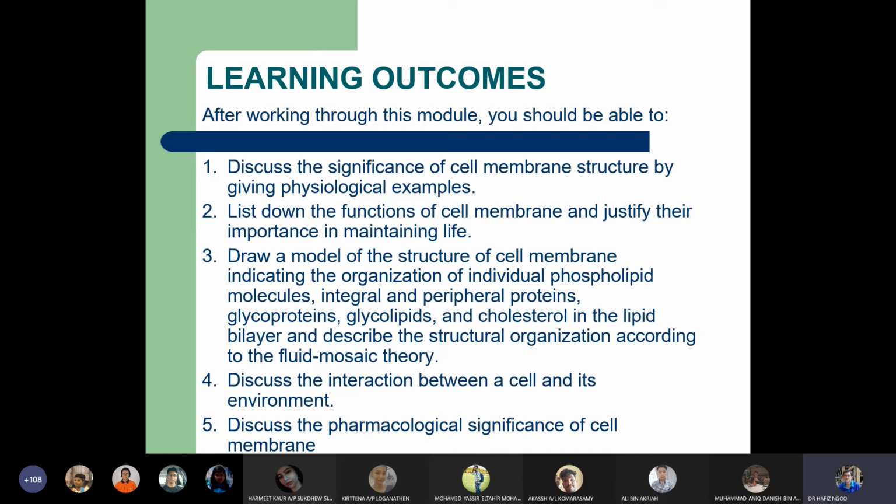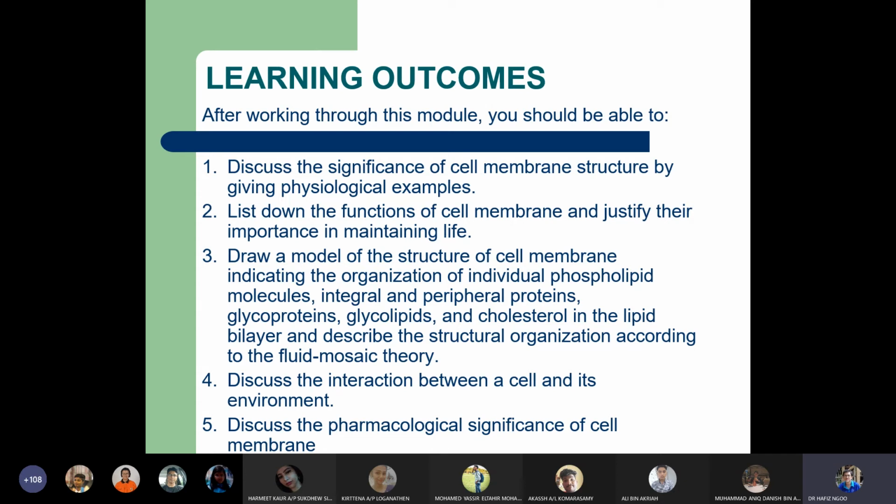Okay, the learning outcome. If you have the module, you can turn to page 5, the learning outcome. It is basically to discuss the significance of cell membrane structure by giving physiological examples. Then list down the function of the cell membrane and justify the importance in maintaining life.